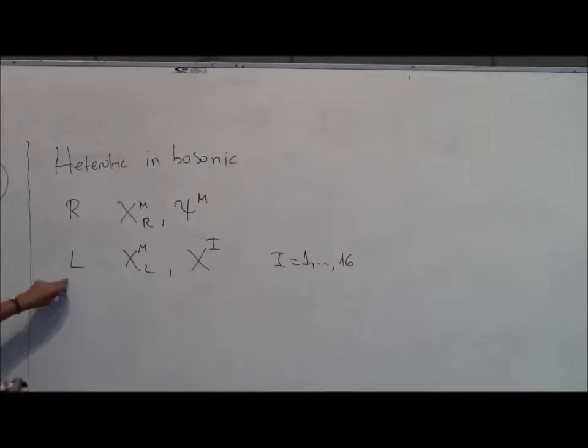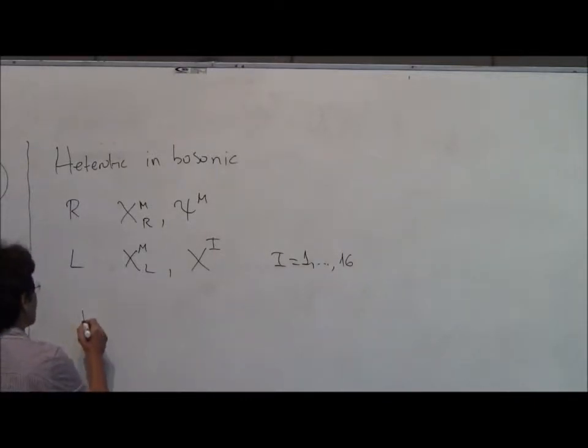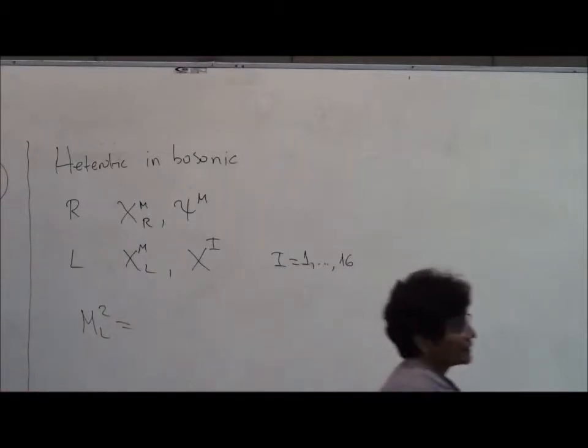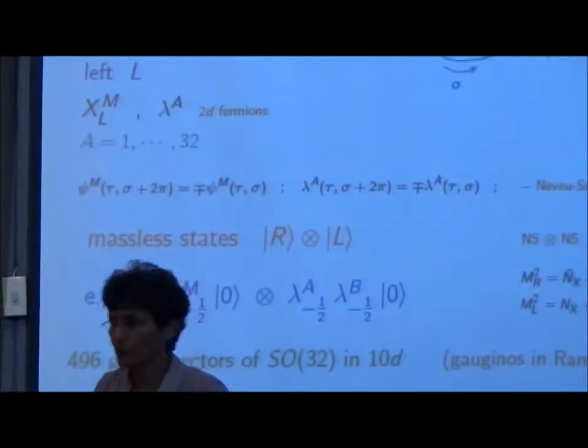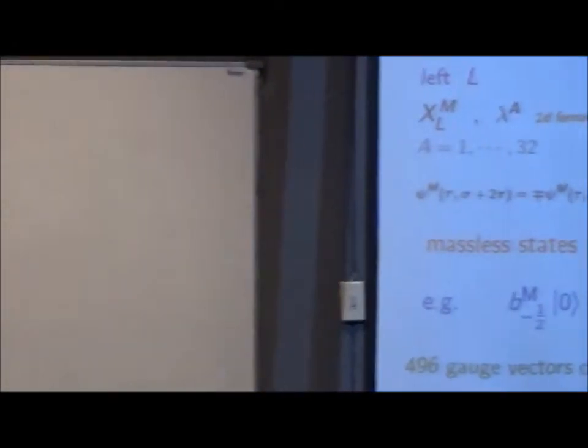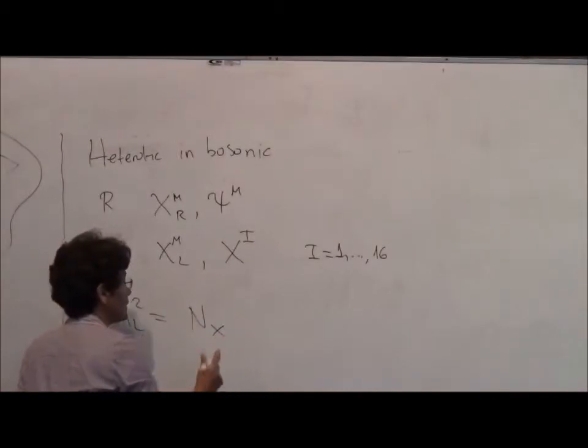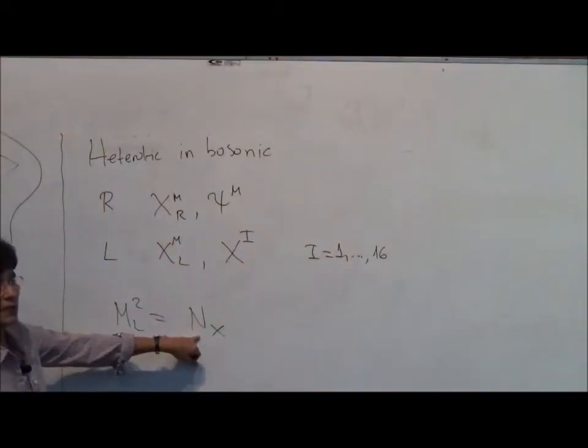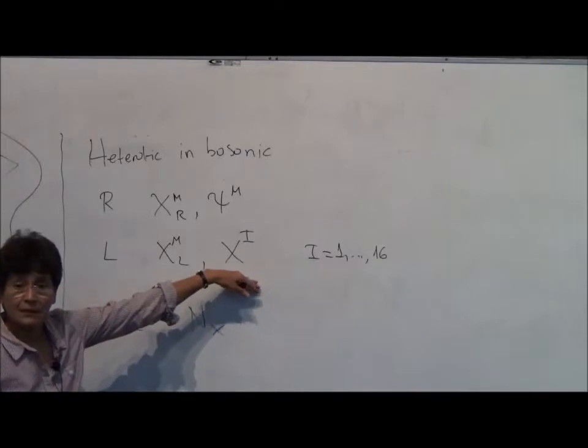So a nice thing in the bosonic formulation is that the mass formula for the left sector, which here involves fermions and you have to do Ramond or Neveu-Schwarz, is much simpler. It will just be an occupation number for the X's of both types. Okay?